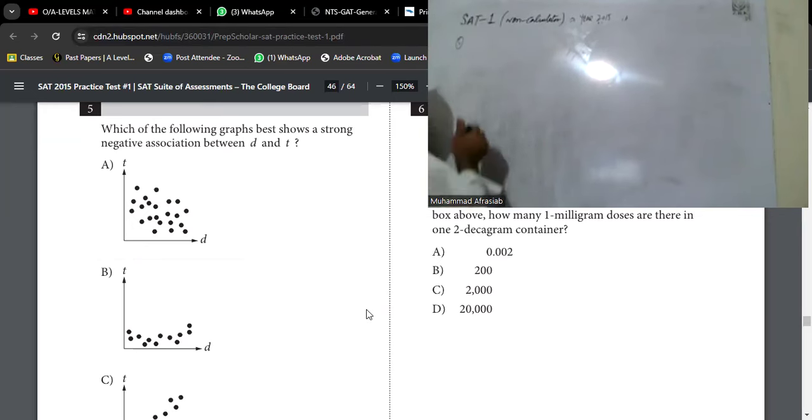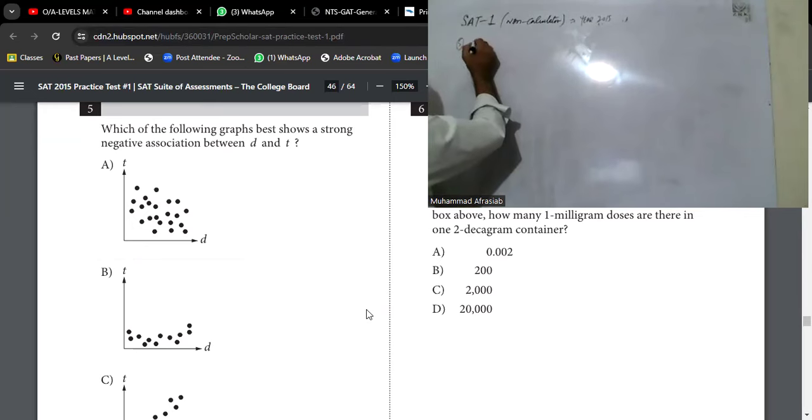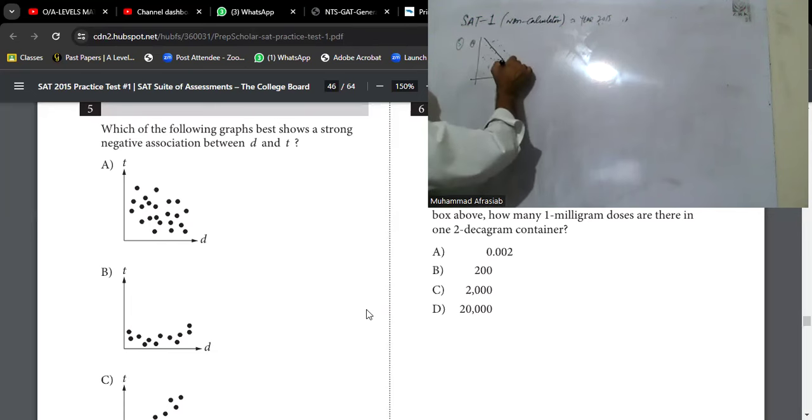They have shown this first graph A, which is a scatter diagram like this. And if we have to show the negative, we will join the best fit line. And this is the graph of this.